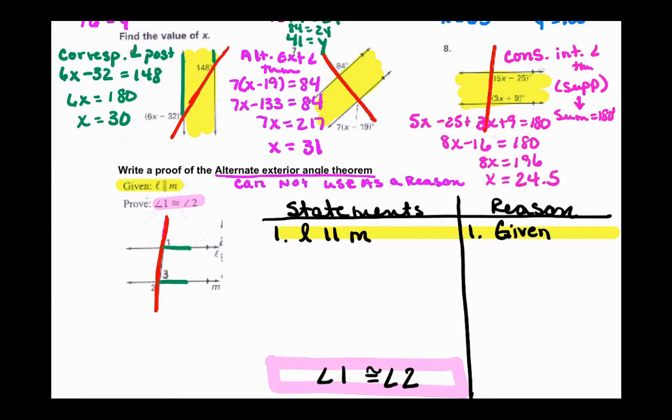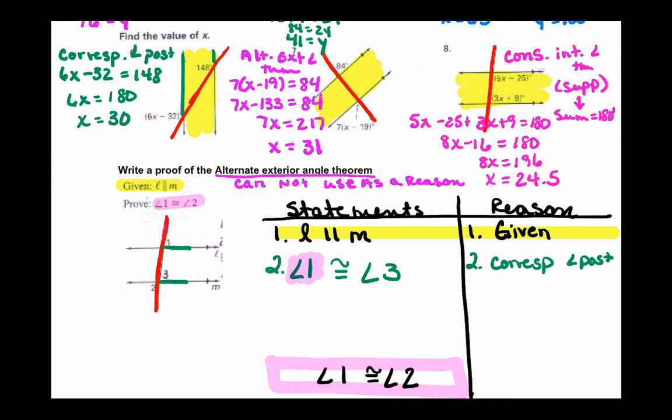So just like we did in problem 6 above, we can apply our corresponding angles postulate. Our corresponding angles postulate says that these 2 angles should be congruent. So angle 1 should be congruent to angle 3. And notice that we now have the angle 1 from what we're trying to prove.